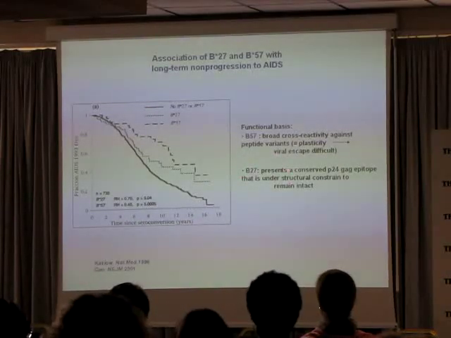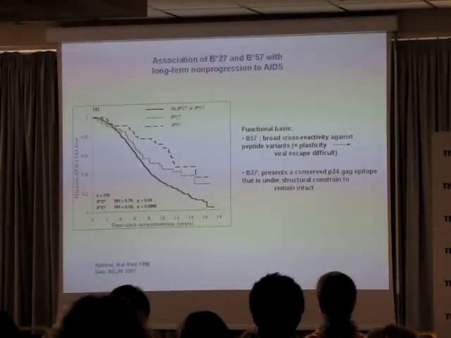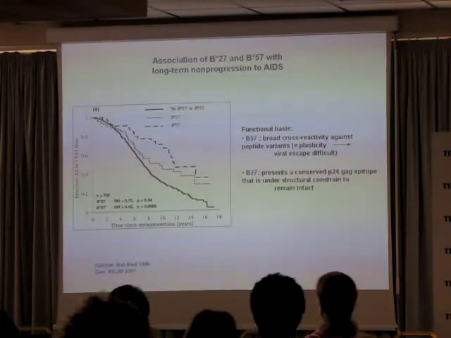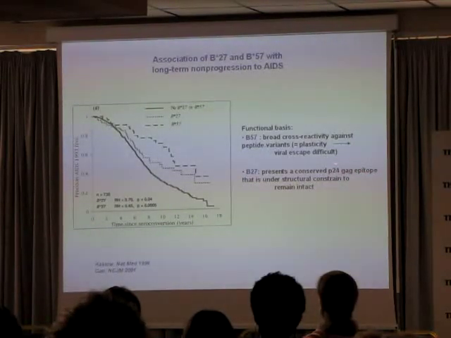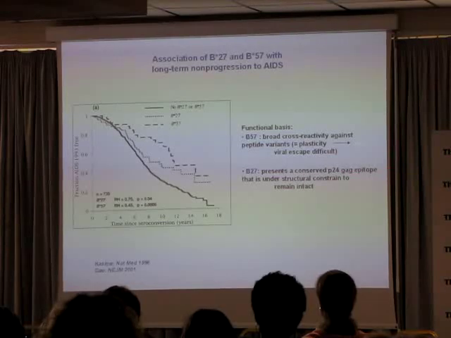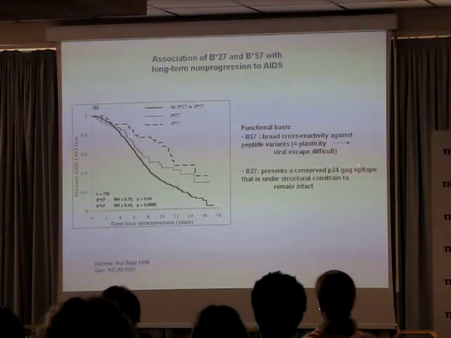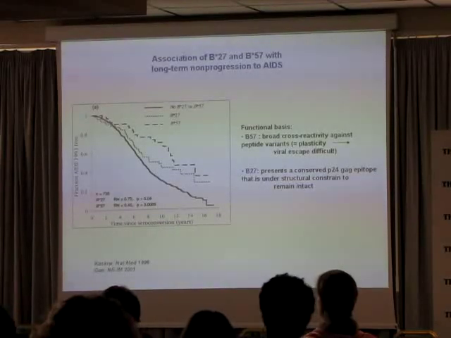For B27, it seems to be a quite different mechanism. B27 is known to present a conserved epitope in an important antigen of the virus, which is derived from the GAG protein. And this P24 GAG epitope is extremely important for the virus to survive.